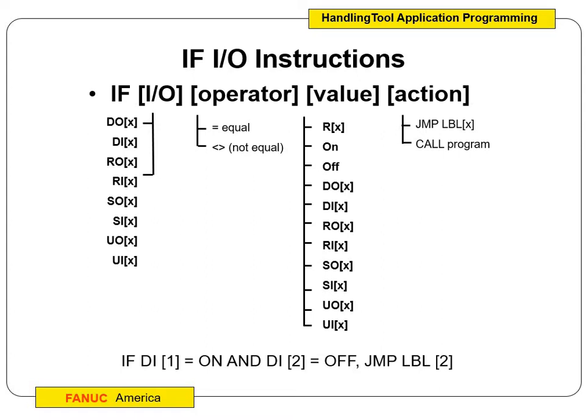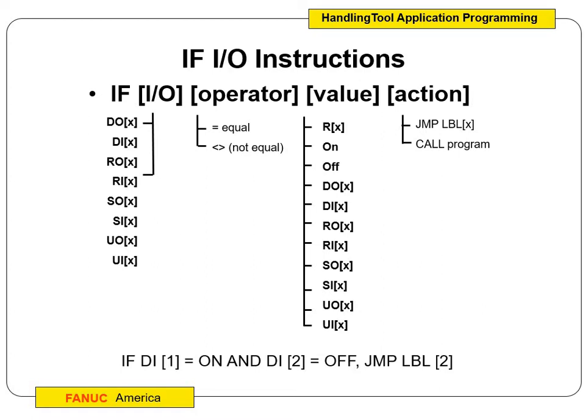So for a couple of the mechanics that we have on carts, we're going to say if digital input is this, because I'm going to push a button on the cart, alright, and it's going to make the robot do one of your programs. So we can say if, and we have all these choices for our if: our digital output, the DO, or our digital input, or robot output, or robot input, okay, string input, string output.